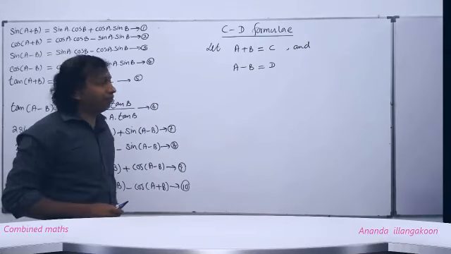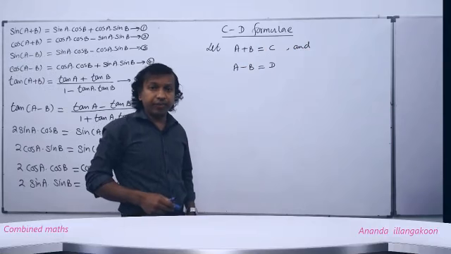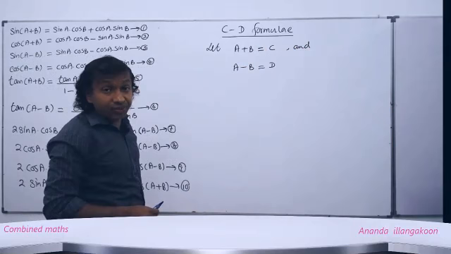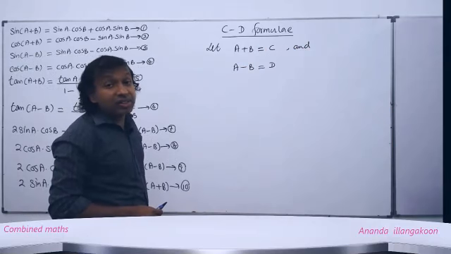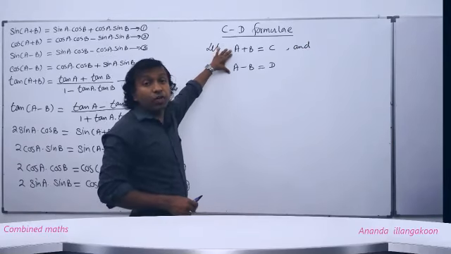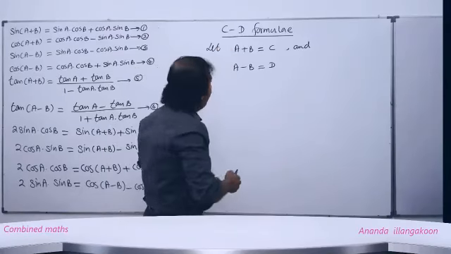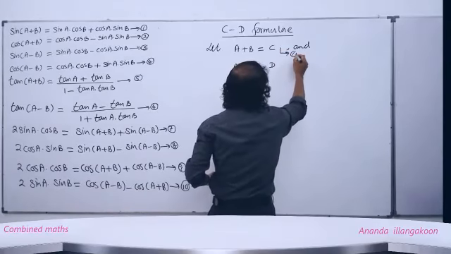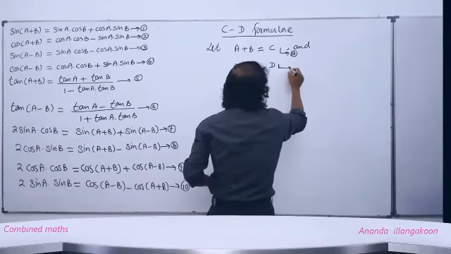A minus B, we use a single letter capital D. Once we take A plus B as C and A minus B as D, we can solve these two equations. You can assume these two equations as simultaneous equations, right? Let this be equation A, and this equation B.